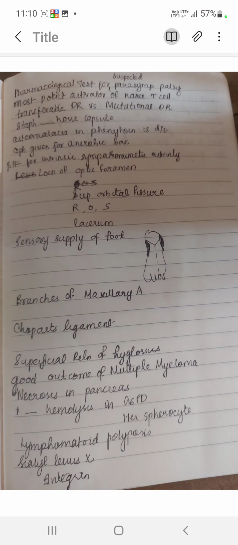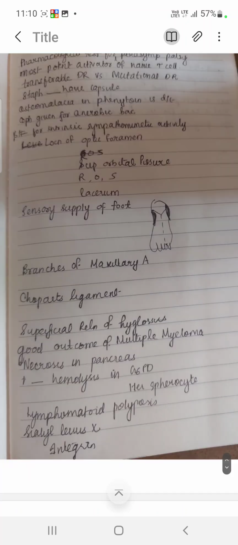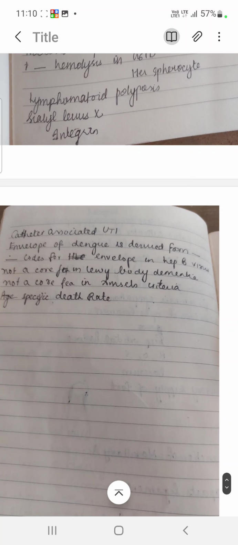In G6PD deficiency there is both intravascular and extravascular hemolysis, whereas hereditary spherocytosis is only extravascular. Sialyl-Lewis X and integrin: rolling involves selectin, and adhesion involves integrin. Where is selectin present? Sialyl-Lewis X is present on the WBC.